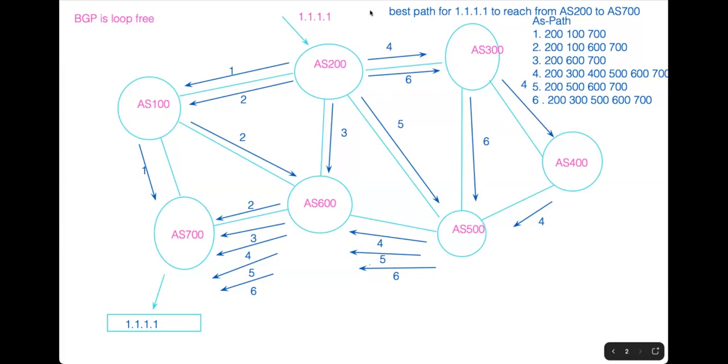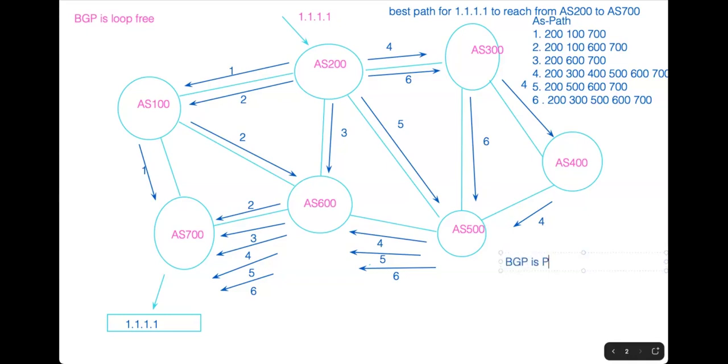Now, what will be considered as the best path? What will be available in the BGP table? 1 and 3 are the possible best paths. Since 3 has the shortest AS path. We generally say BGP is a path vector protocol, right?